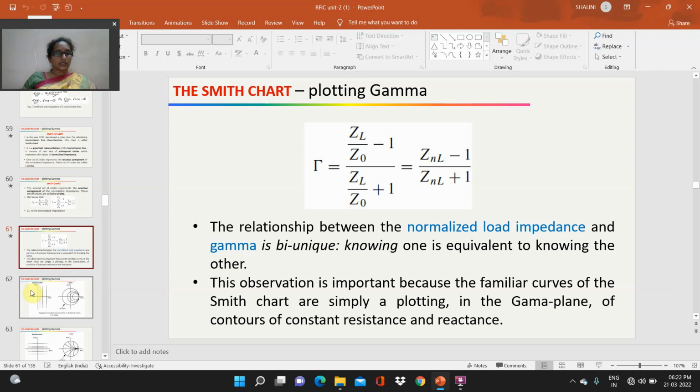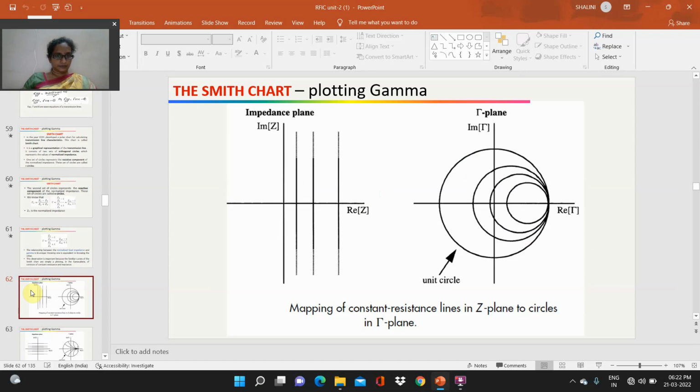This observation is important because the familiar curves of the Smith chart are simply a plotting, in the gamma plane, of contours of constant resistance and reactance.